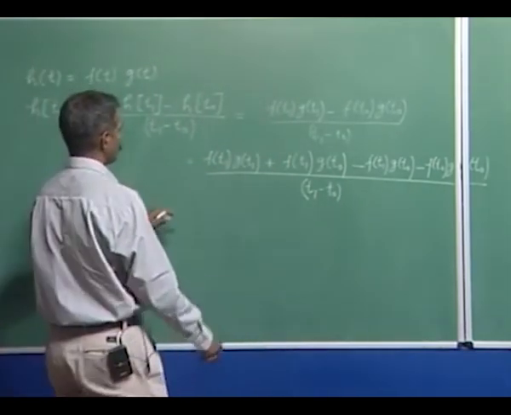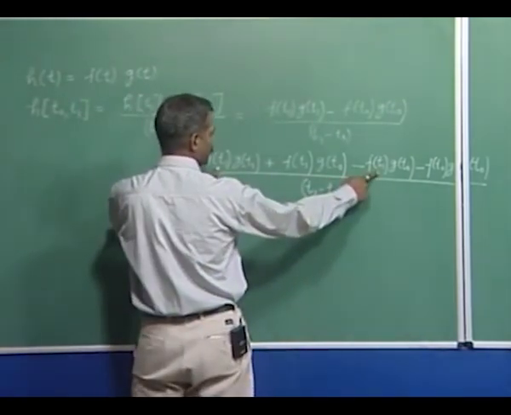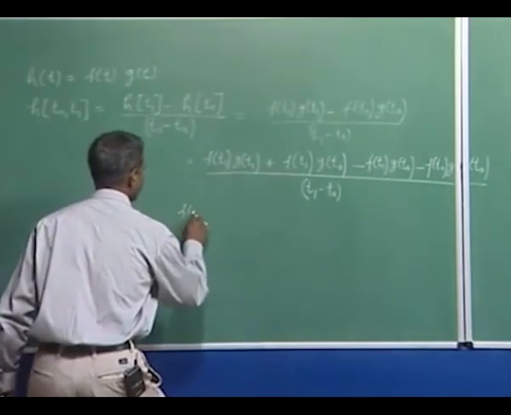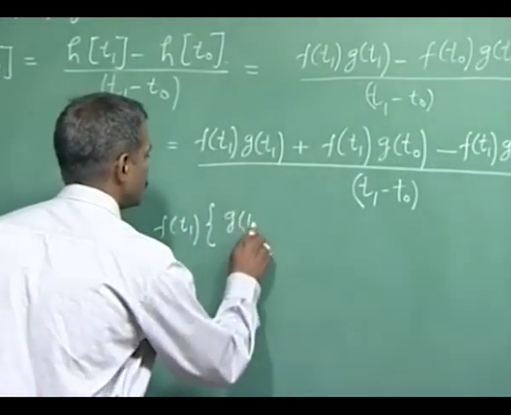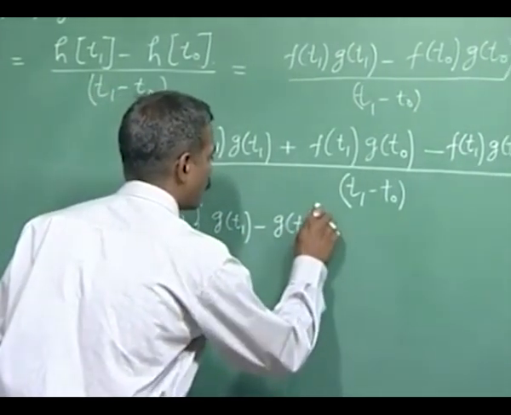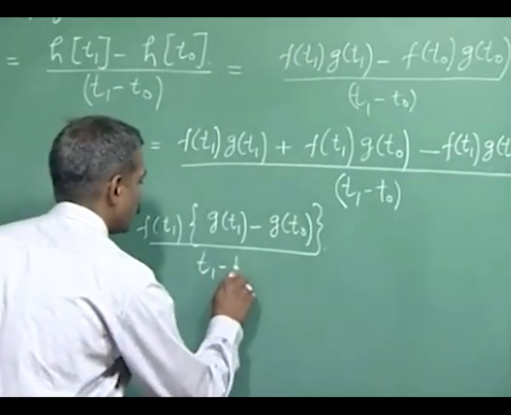Now I'll take f of t1 common in between these terms. So f of t1 times g t1 minus g t0 over t1 minus t0.